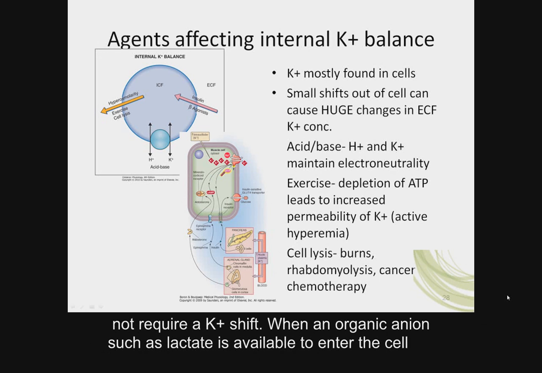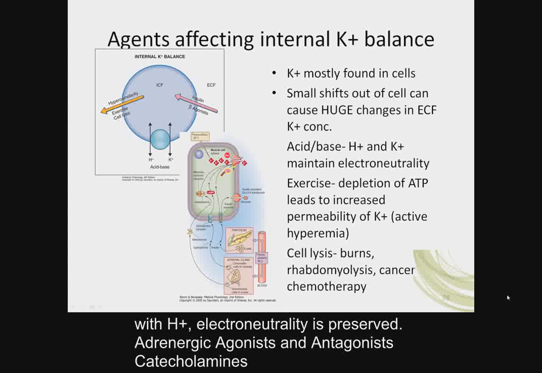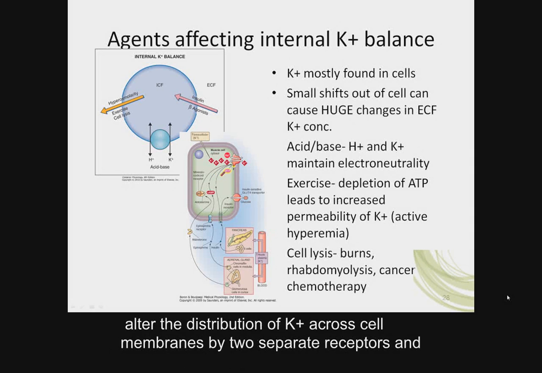Adrenergic agonists can also affect internal potassium. And antagonists also can affect potassium balance. Catecholamines alter the distribution of potassium across cell membranes by two separate receptors and mechanisms.